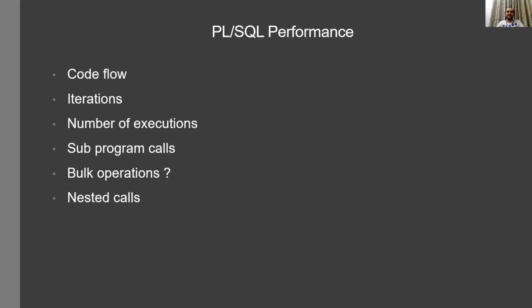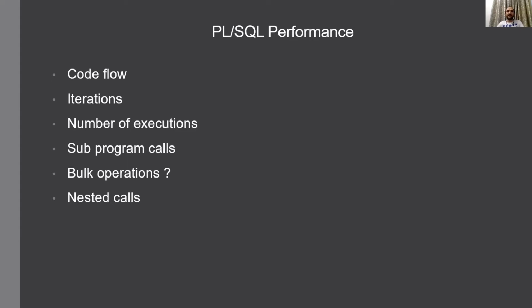And there are scenarios where you would have nested calls. You would have a calling package, which in turn calls another procedure for certain activity. It returns certain values, and again it calls another procedure with a value passed as part of it.